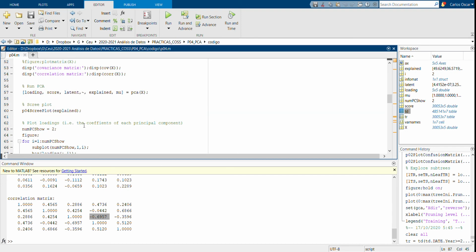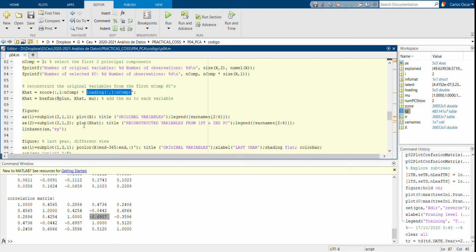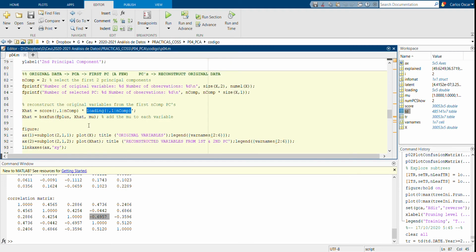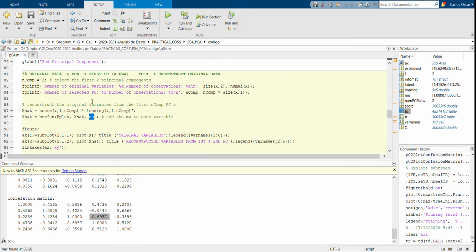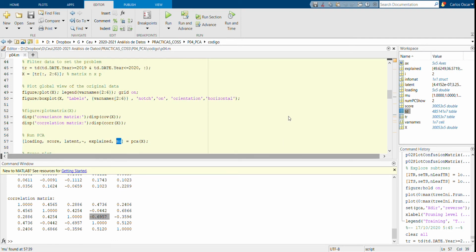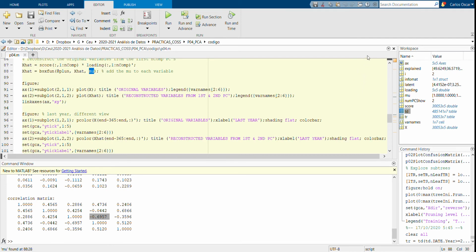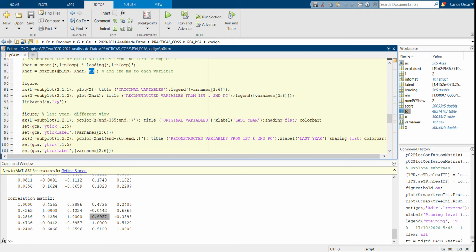X was our original variable, and we have kept the mean. You may remember that PCA is subtracting the mean, so if you want to reconstruct, you have to add the mean. So that is what we are doing. We are adding back the mean so that now x hat has similar values to the input x before.